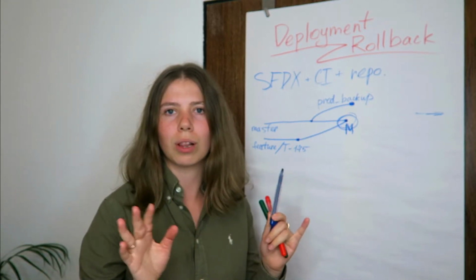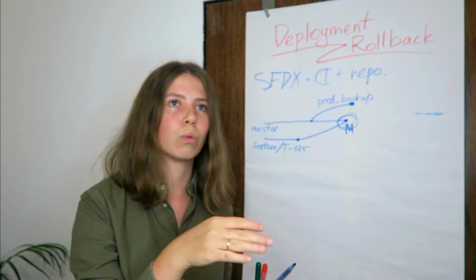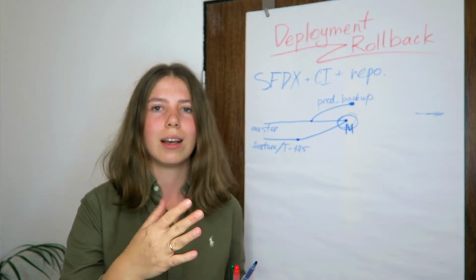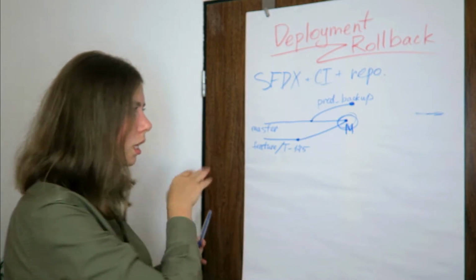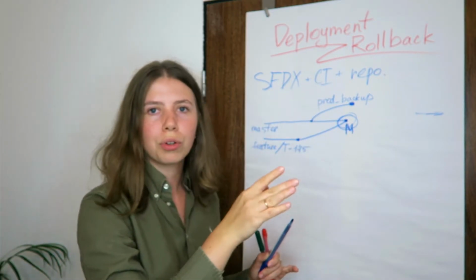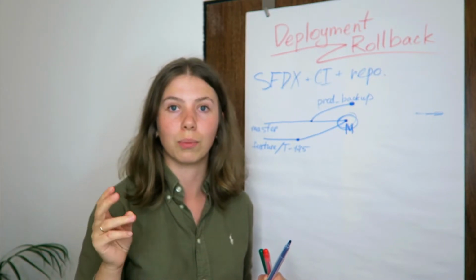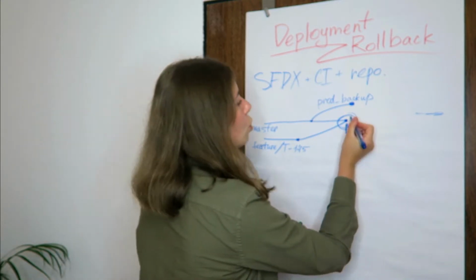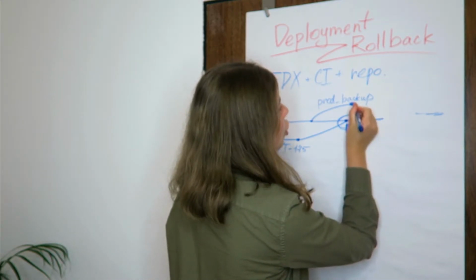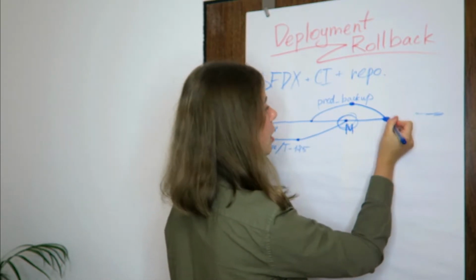Even if you unmerge, this would not return your deployment. Even if you find a way to unmerge, your deployment will be already done, and you don't initiate a second deployment. Instead, you would then merge your prod backup back to prod, which is the master branch.